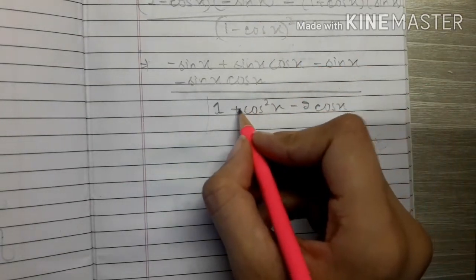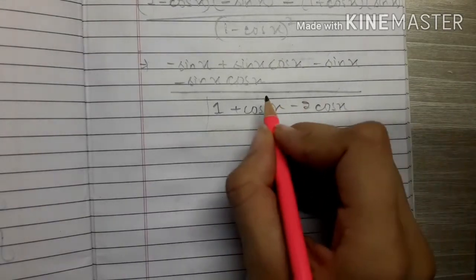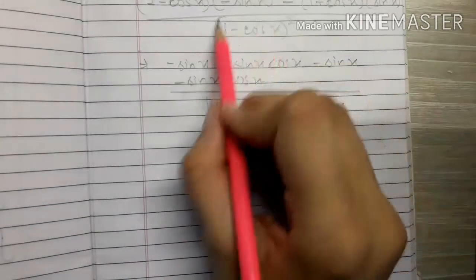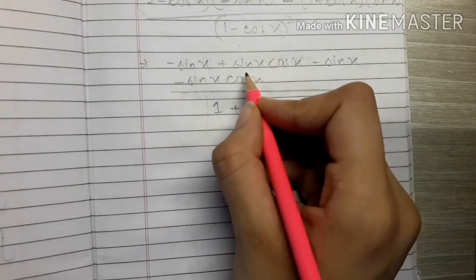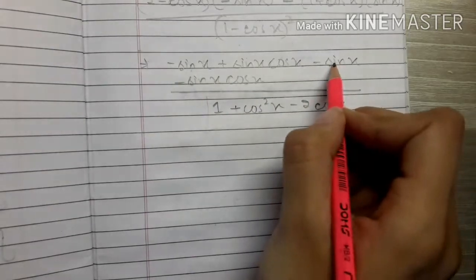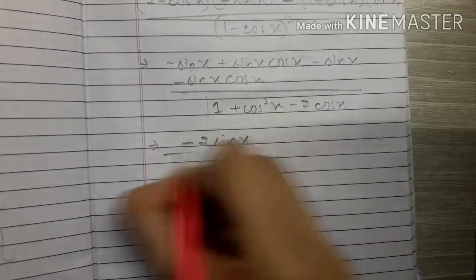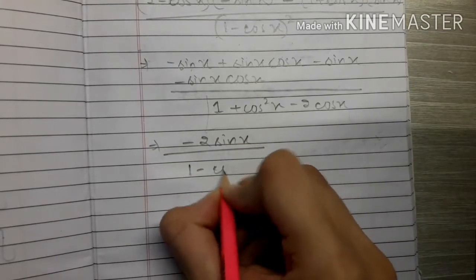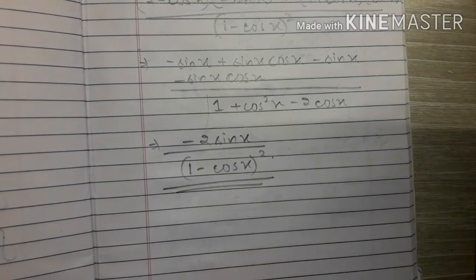If there was 1 minus cos square x, I could have changed it to sin square x. But since there is no more simplification possible, I will keep it like this. Since these sin x cos x cancel out and we have 2 minus sin x, so this becomes minus 2 sin x upon 1 minus cos x the whole square. That's the final answer.